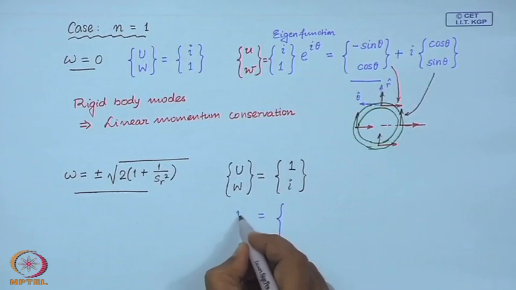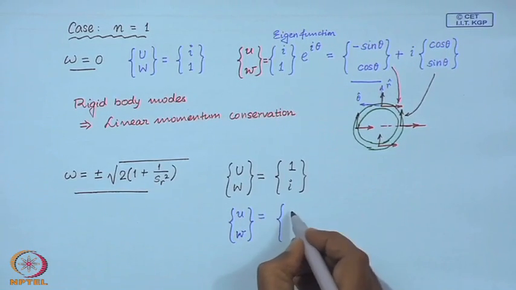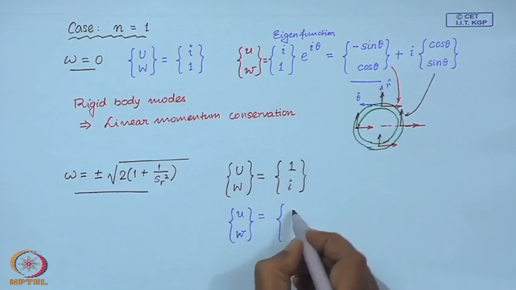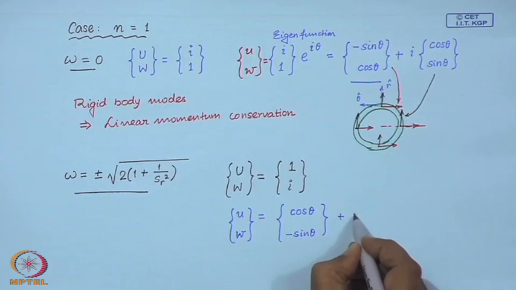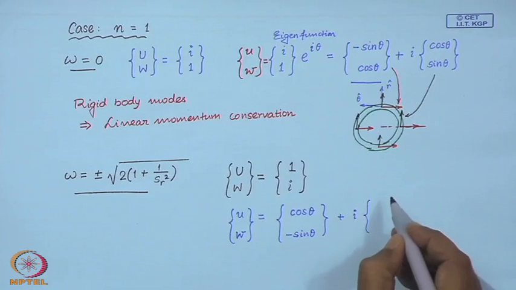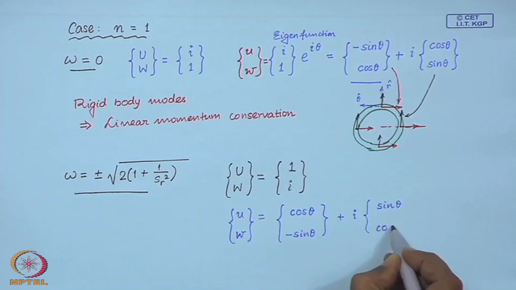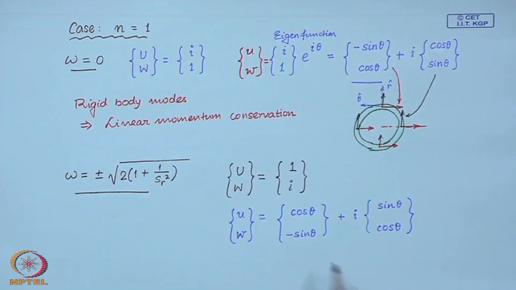So, if you multiply this with exponential i theta, so here we have, these are the eigen function vectors.